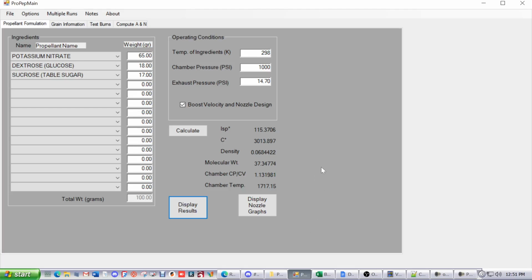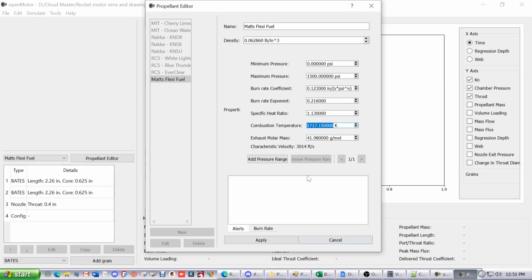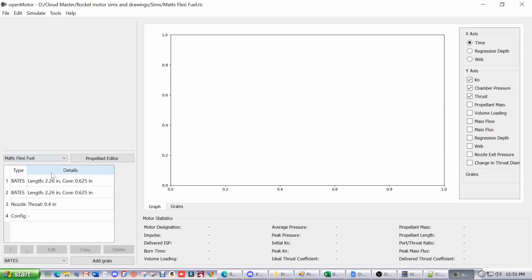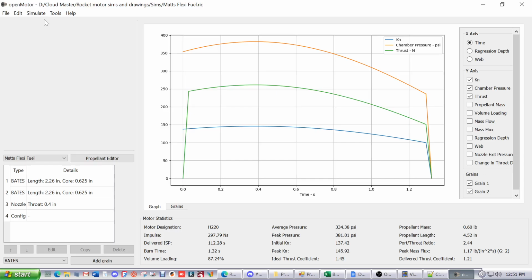That's a decent validation, but let's do one step further. Let's go back to it. I'm going to hit cancel because I don't need to save anything. It's already there. Now with all my information input, I'm going to hit simulate, run simulation. This is what the burn of my motor will look like over time.